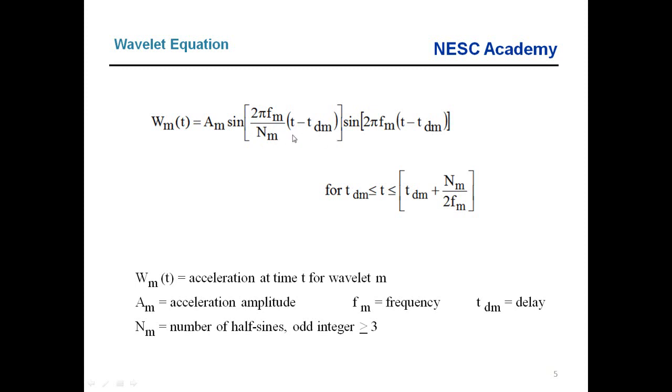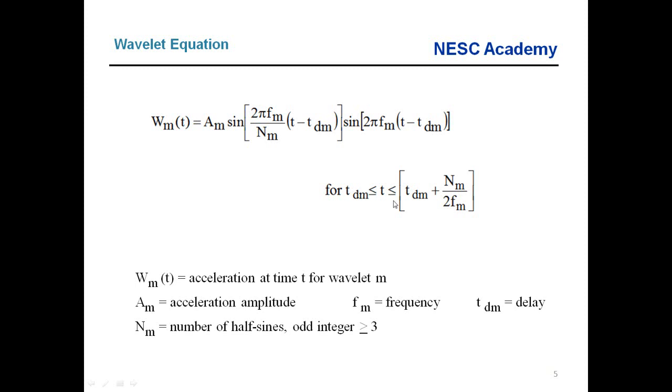Again, this equation is purposely configured so that as we integrate to velocity and then double integrate to displacement, all three amplitude metrics will each have a final value of 0. The final acceleration is going to be 0, the final velocity is going to be 0, and the final displacement is going to be 0.